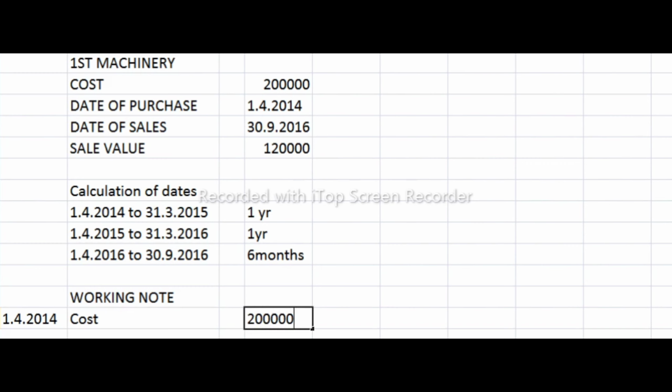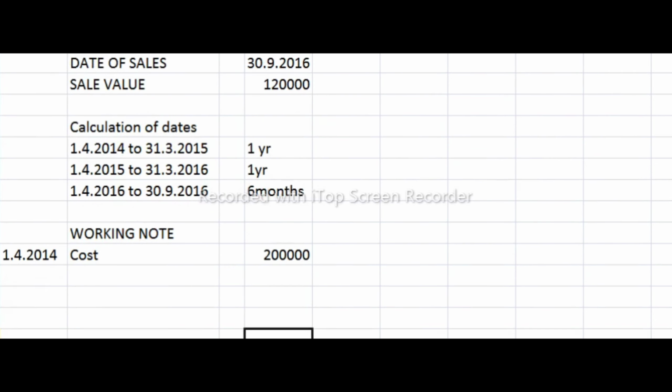Next, we are going to provide depreciation for the first year. So always depreciation is provided at the ending, that is the closing date. So in the calculation of dates for the first year, the closing date is 31/3/2015. Therefore in the date column, write 31/3/2015, less depreciation first year, and below it itself we can do the calculation.